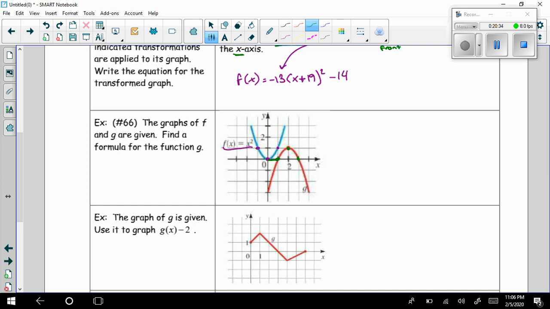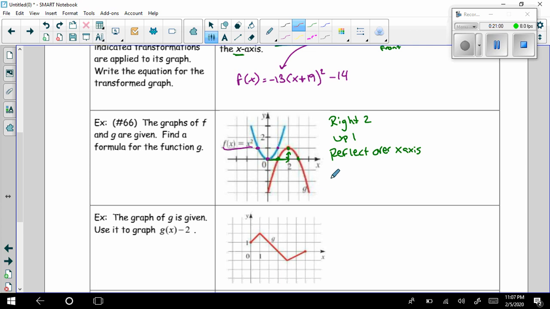So we're going to the right 2, then we are going up 1, and we are flipping it. So we are reflecting over the x-axis.